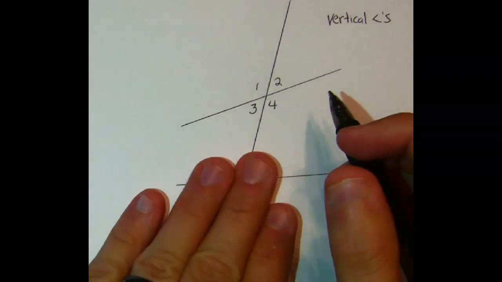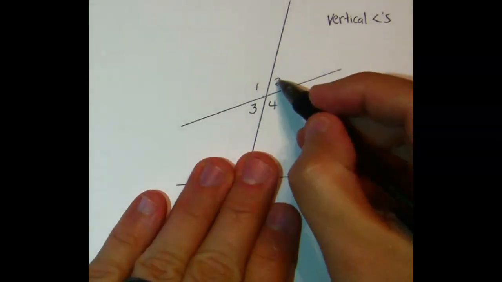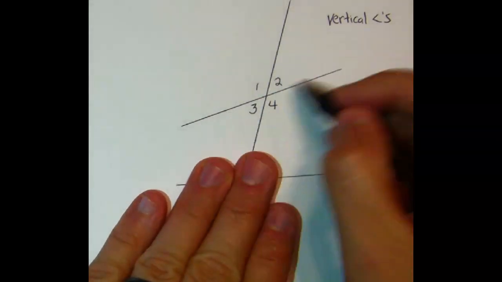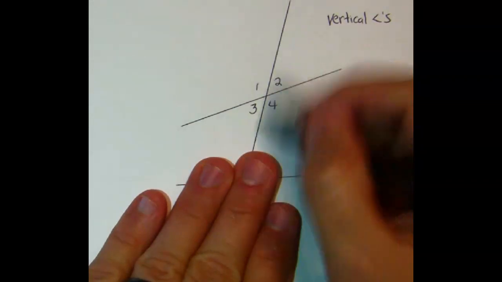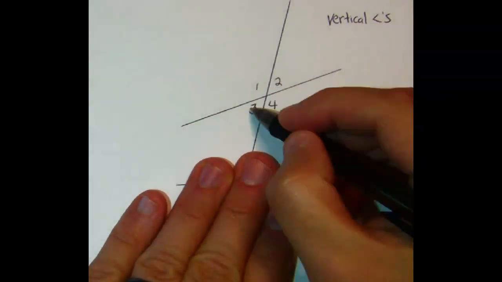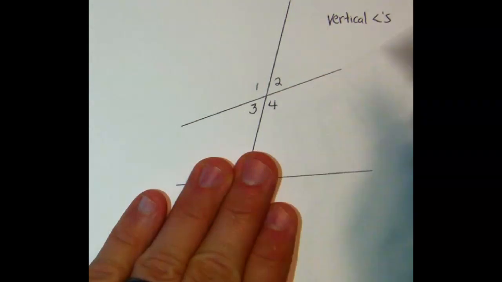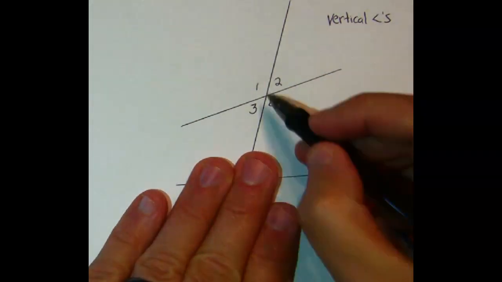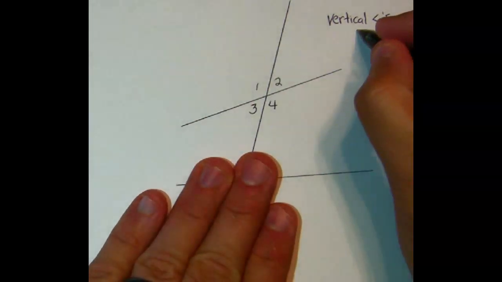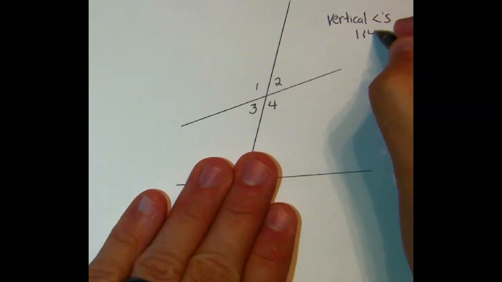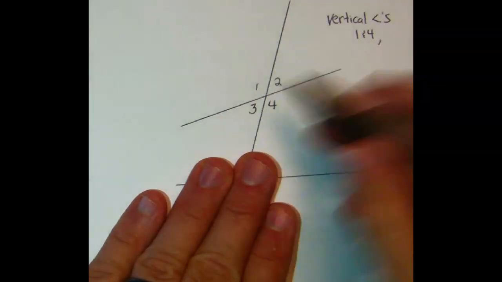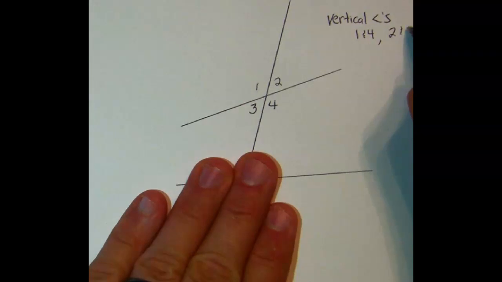So if you look at this picture here, we have our X, two intersecting lines, and the angles across from each other would be vertical. So the vertical angles up here on top would be 1 and 4, 2 and 3.